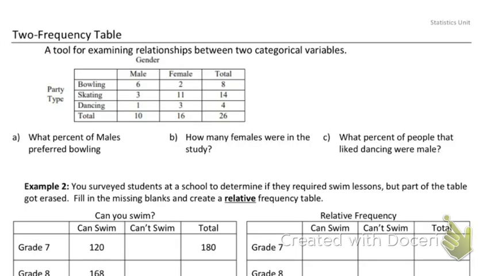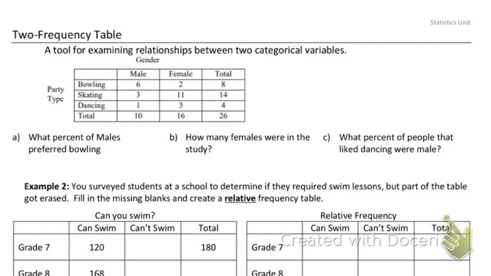The next thing we're going to talk about is something called a two-way frequency chart. A two-way frequency chart is a way to examine relationships between two categorical variables. So if I look at my two-way frequency table there, I am comparing men to women, and I'm also comparing what's their favorite party type.